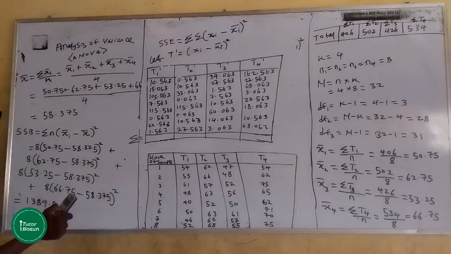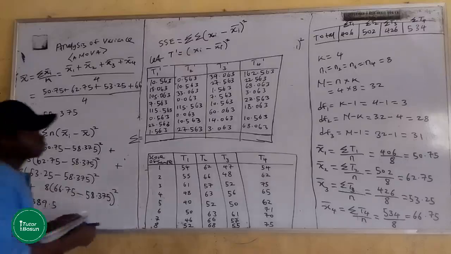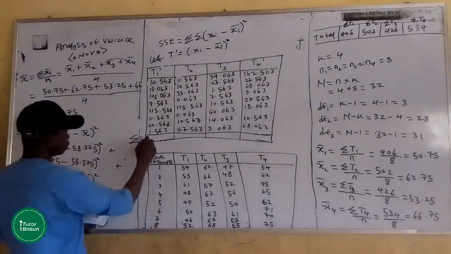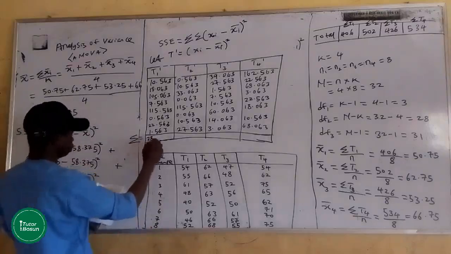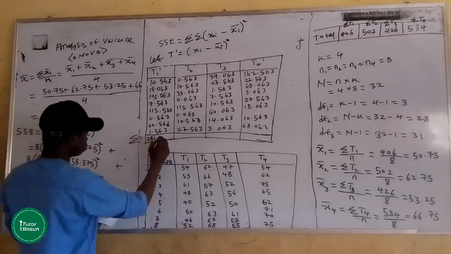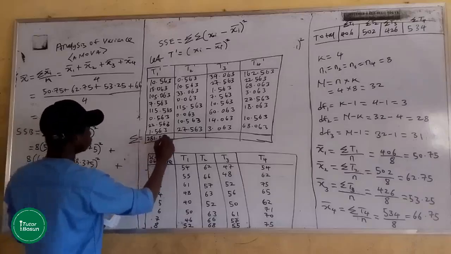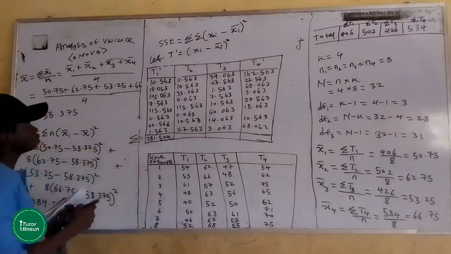Let me cross check that. You need to be very careful when computing, because if you make any slight mistake, then you've ruined everything. So we have to hit 1.504 as a sum to that.